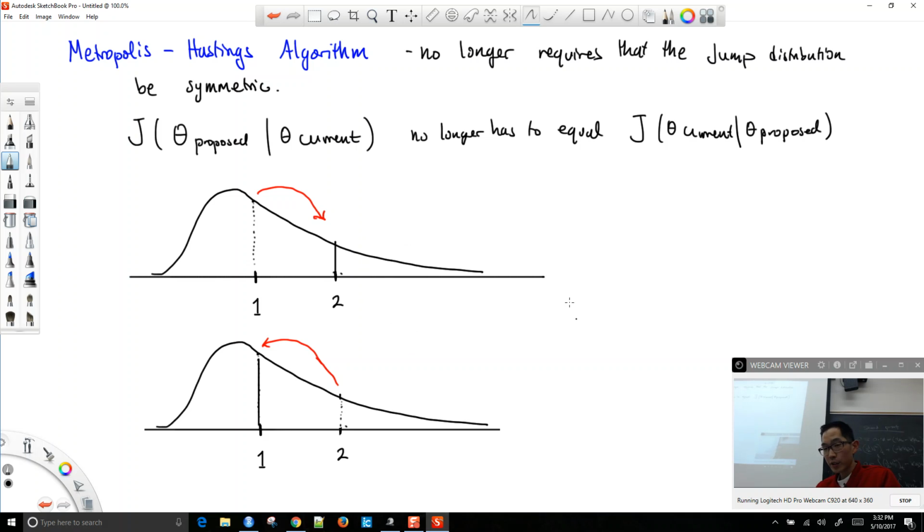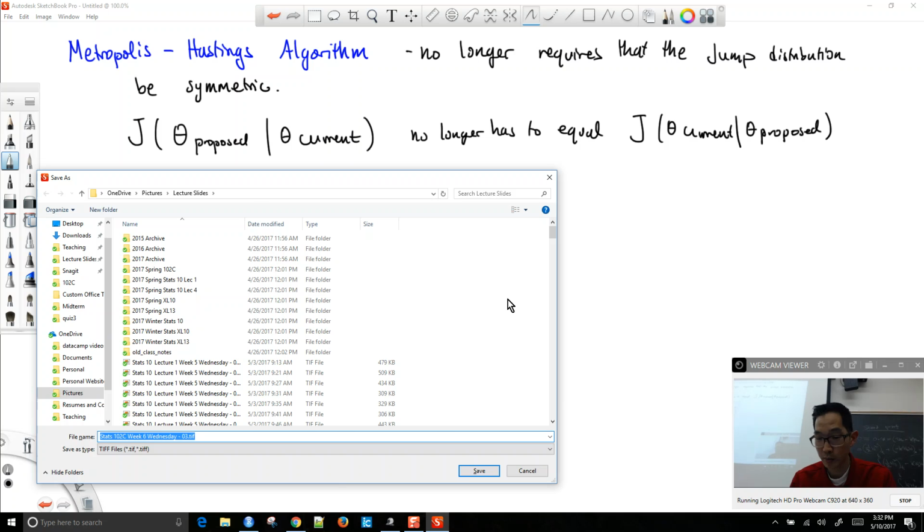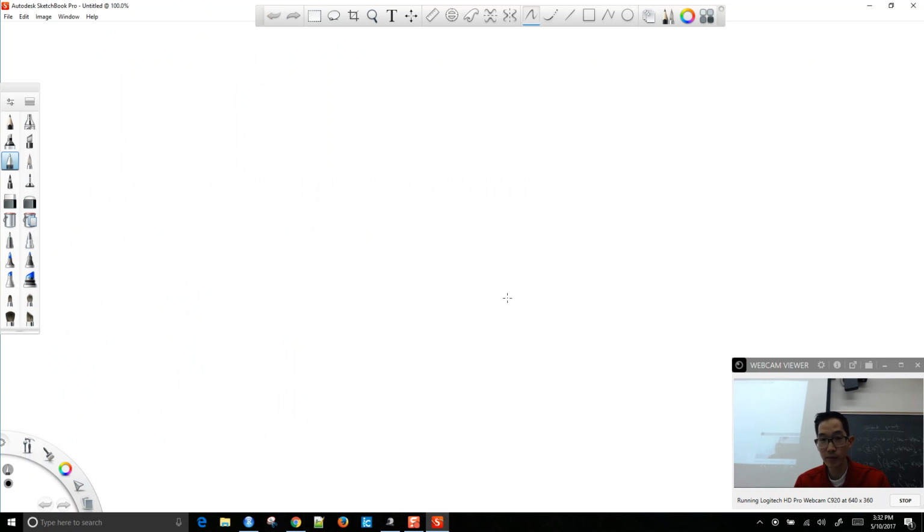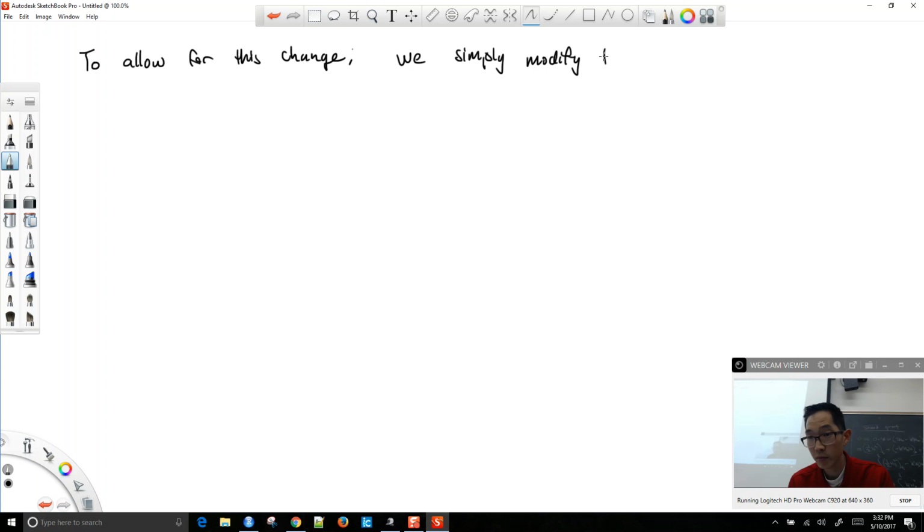To accommodate this change, we change the acceptance criteria. To allow for this change, we simply modify the probability of moving.